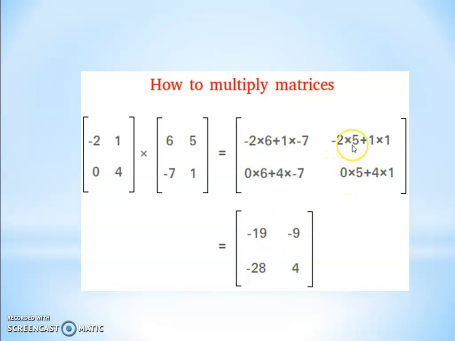Minus 2 into 5 is minus 10, plus 1 into 1, minus 10 plus 1 is minus 9. 6 into 0 is 0, 4 into minus 7 is minus 28, 5 into 0 is 0, 4 into 1 is only 4. So always remember, 0 into anything, the answer will be 0, so we only consider the remaining terms, addition or subtraction.